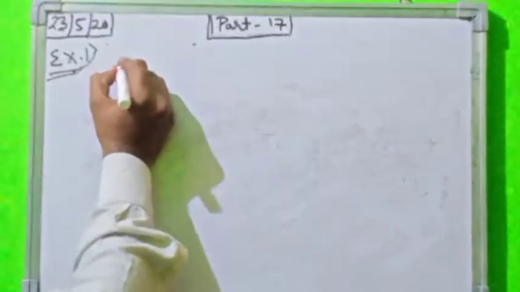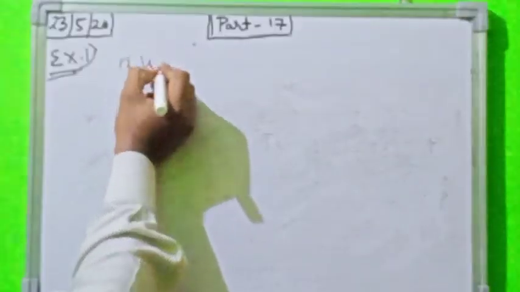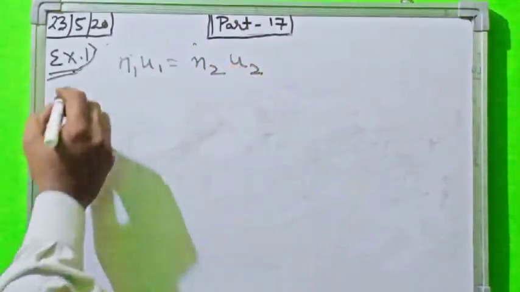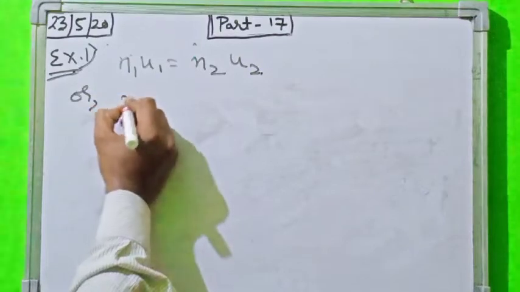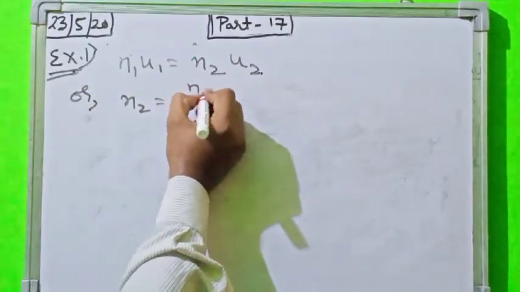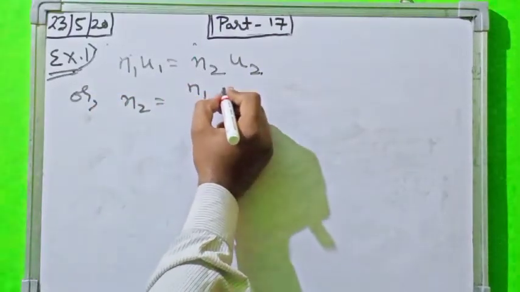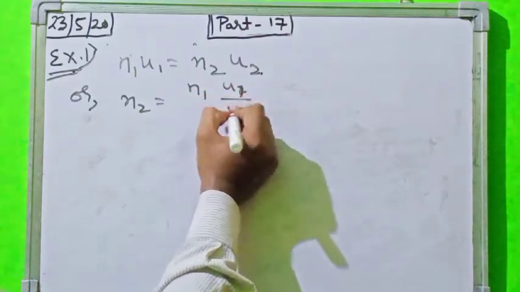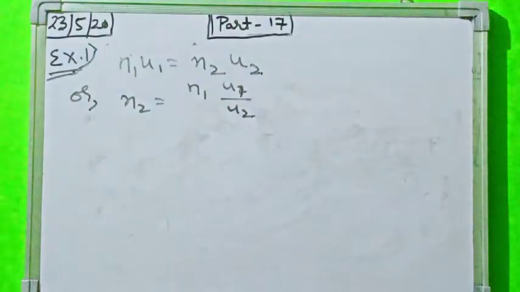N1 U1 is equal to N2 U2, and from here N2 is equal to N1 U1 upon U2. Clear?